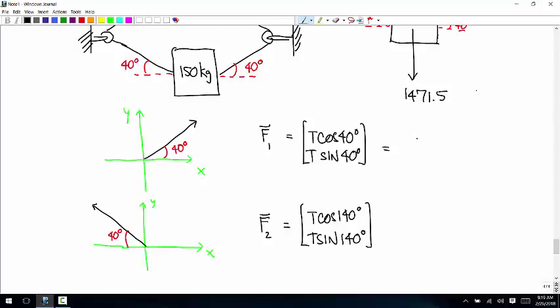So F1 then is 0.766 T, 0.643 T. And this F2 is negative 0.766 T, positive 0.643 T.